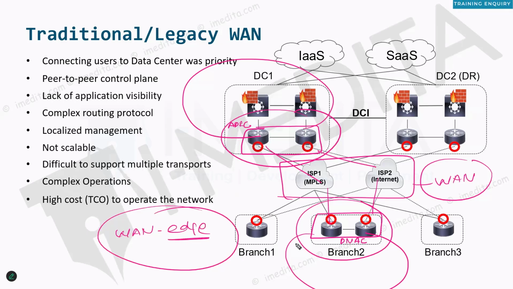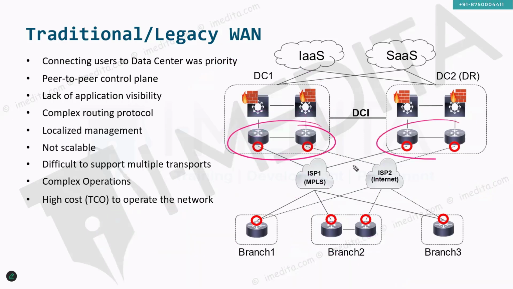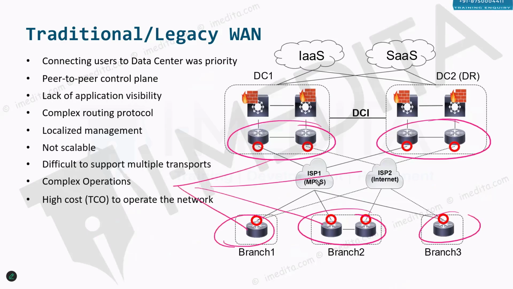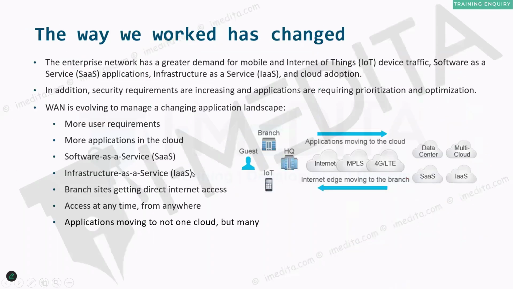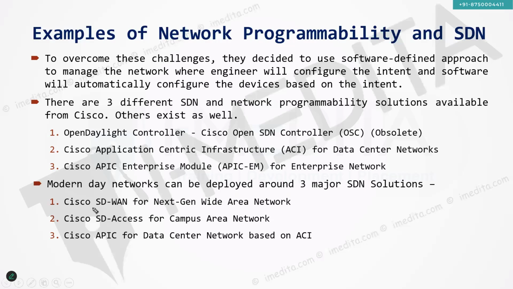The devices that sit at the edge of your network are responsible to connect your network to the wide area network. So if you want to manage these devices from a centralized point, Cisco offers a product called SD-WAN, software-defined wide area network, for next generation.